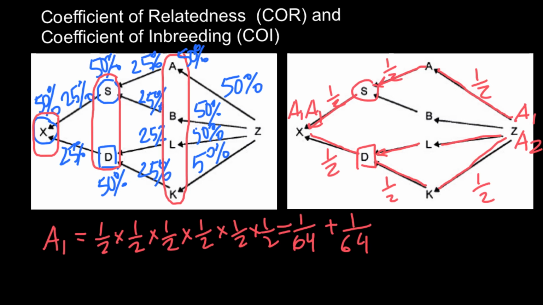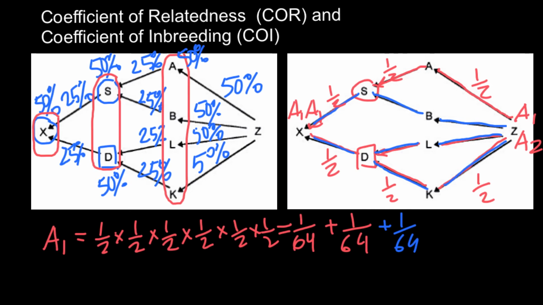And another variant would be through individual B, S, and back to X, and Z to L, through D to X, so plus 1/64, and one more time the same pathway through the mother side, and a new pathway through individual K, D, and to X.